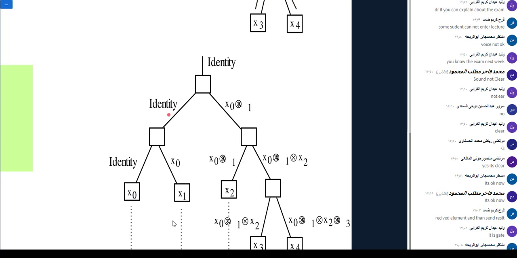From up to left, and left X0, and up to right. Okay?